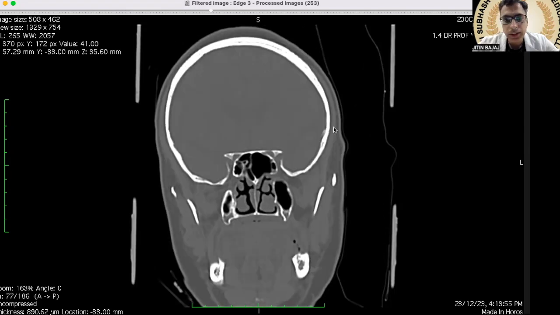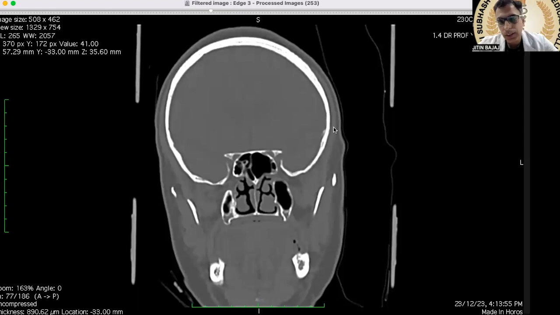So to summarize, one should have thin section CT scans. One should see all the sections slice by slice. One should not jump to the pathology. CT scan is for planning the surgery. The MRI is for diagnosing the pathology. One should go slice by slice from anterior to posterior.